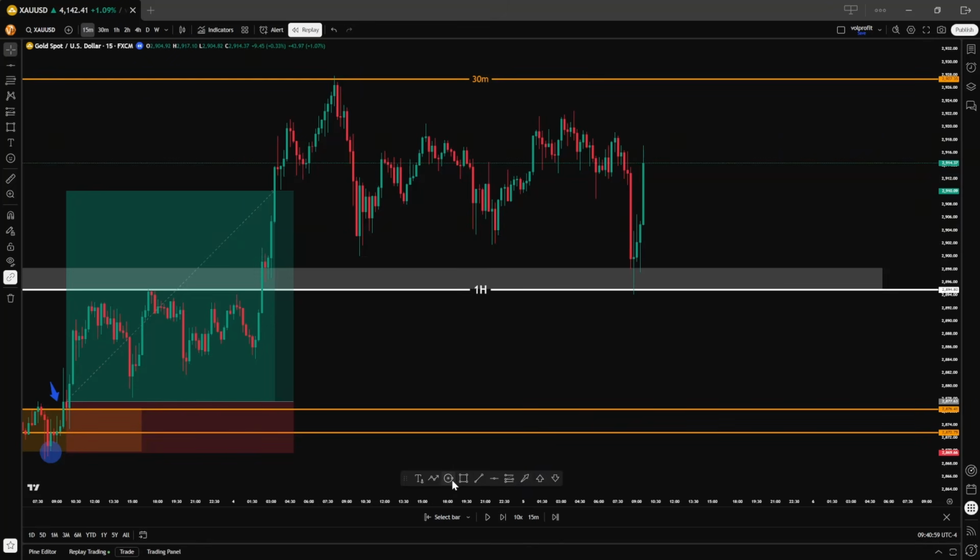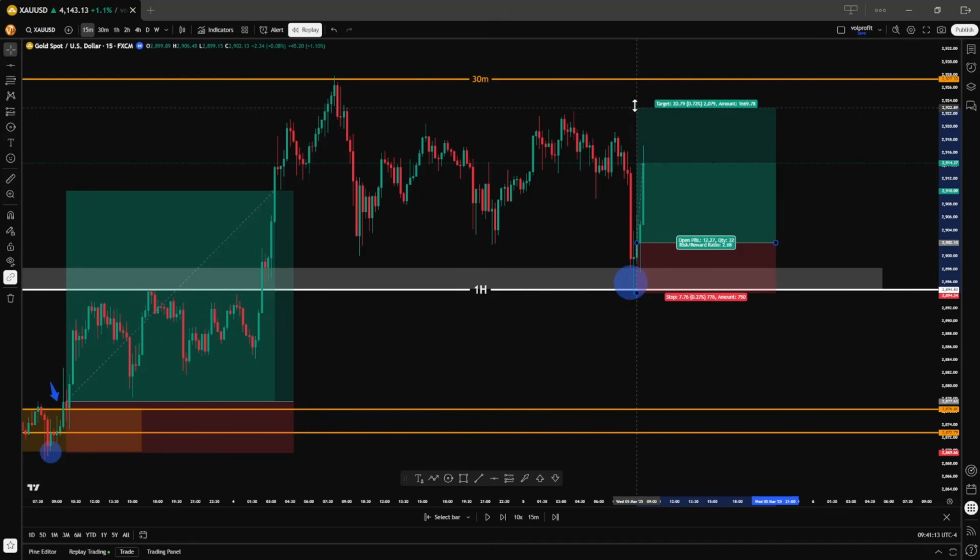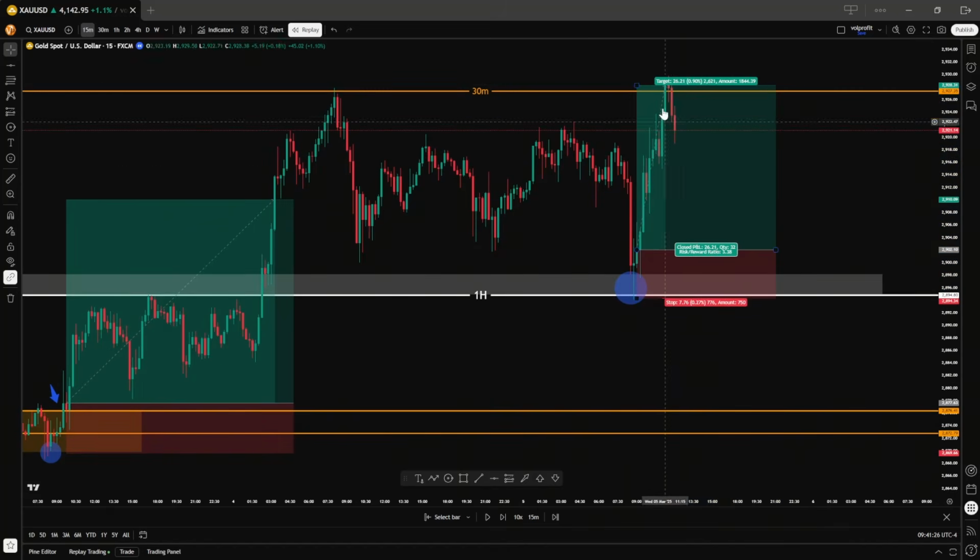Perfect, the pullback is complete. We take another entry. The stop loss here. Target here. And boom, it hits target again.